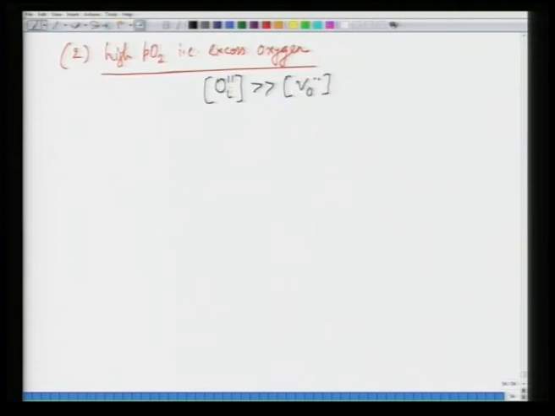So, the dominant reaction in such a case was half O2 going to OI plus 2H, okay, and the electrical neutrality condition was NH, half NH is equal to OI, which is much larger than VO.